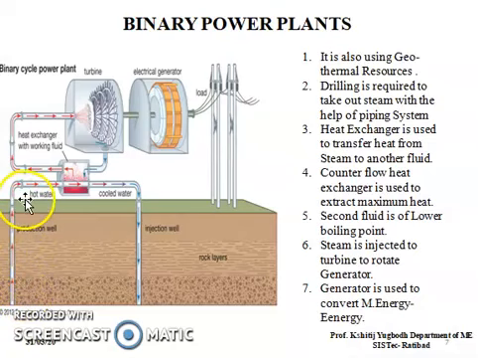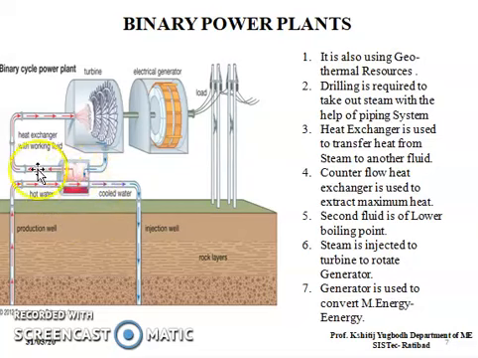In this system, we are not directly injecting the steam into the turbine. Here we are transferring the heat of the steam to another fluid with the help of a counterflow heat exchanger. The counterflow heat exchanger is used to extract maximum heat from the steam.